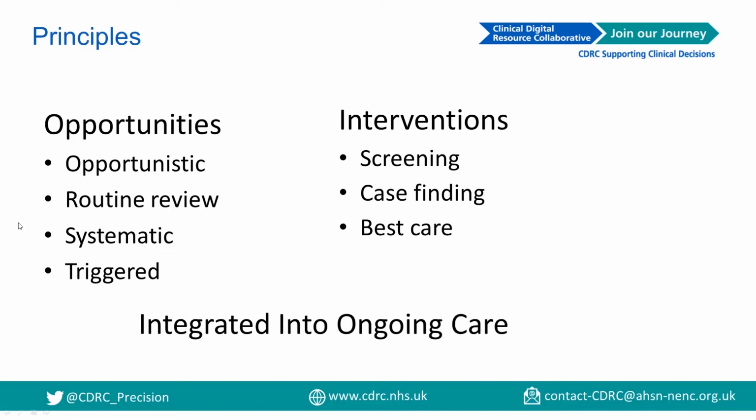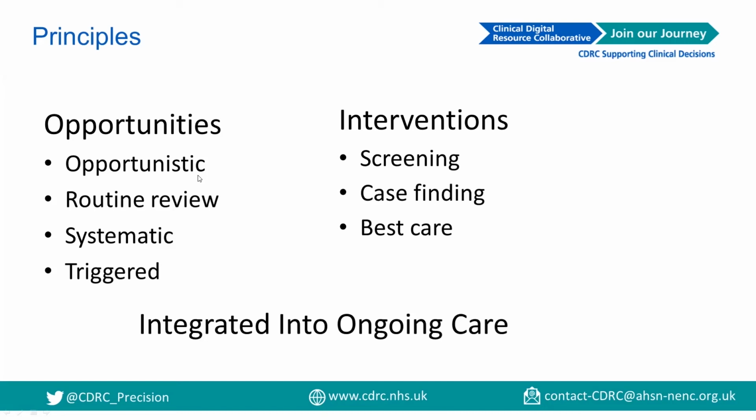And then we have 4 opportunities to deliver these sorts of interventions. We've got the opportunistic approach where, for example, a patient might present with a cold, and we can take that opportunity to, for example, identify their hypertension. We have routine review, for example, when patients are coming for their long-term condition reviews.